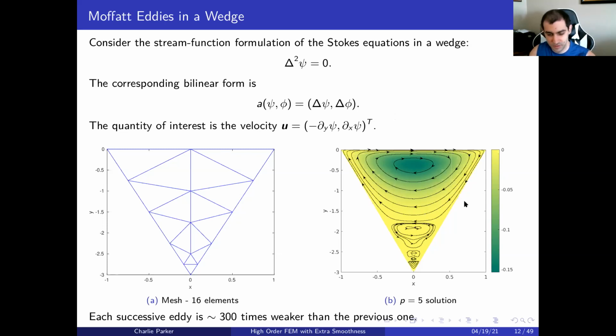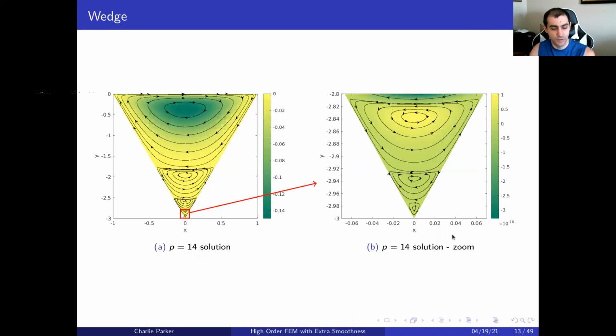So you see the p equals 5 solution resolves one eddy, and that's basically it. These eddies are not well resolved. If we go up to the p equals 14 solution, we see 3 eddies in the first picture, and if we zoom in on the numerical solution, we see an additional 2 eddies. These 2 eddies exist just in the bottom, in one element alone.